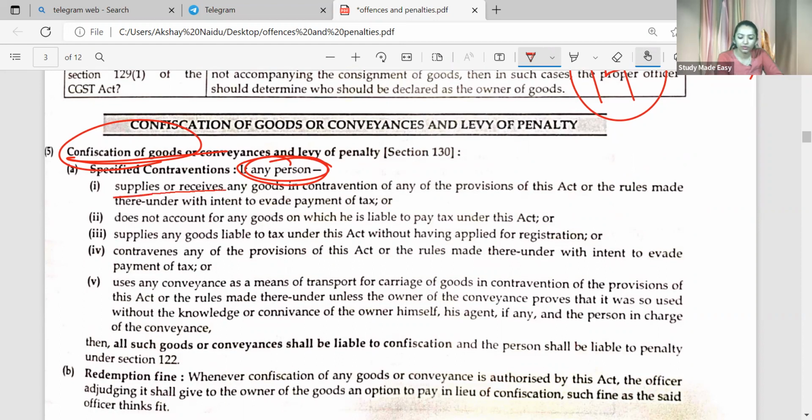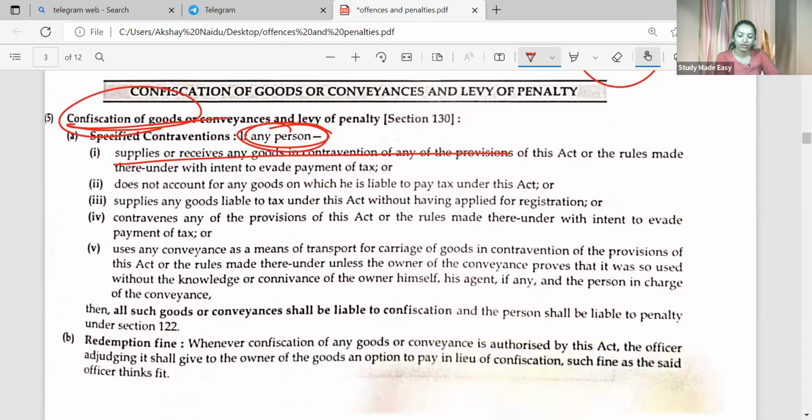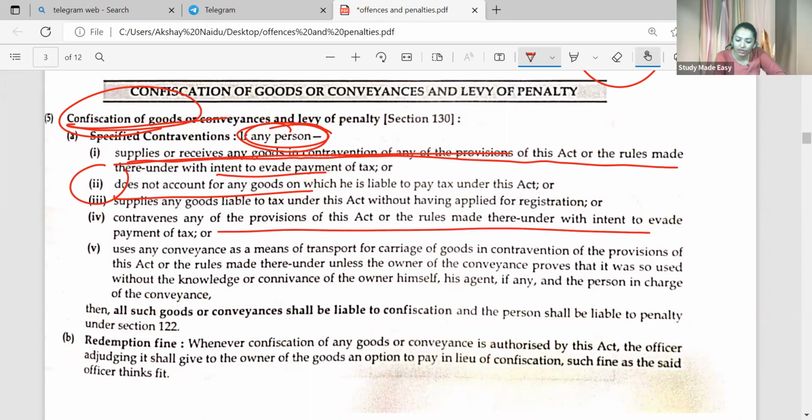So any person who supplies or receives goods in contravention of the provisions of the act, and the intention is to evade the taxes, does not account for any goods on which he is liable to pay the tax, and he has not maintained any records कि किसके goods है, कहाँ जा रहे, कैसा हो रहा, nothing has been maintained. Contravenes any provisions to evade the tax.